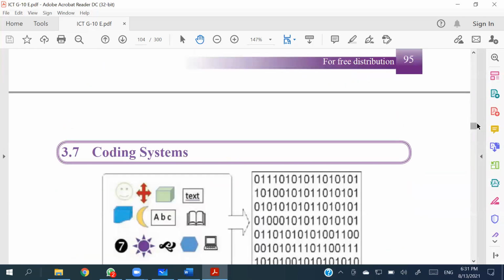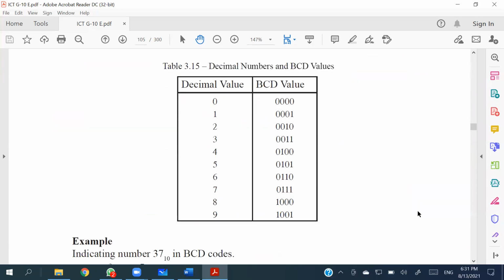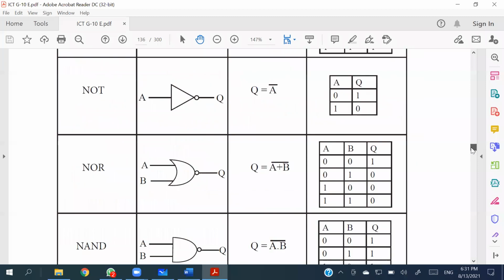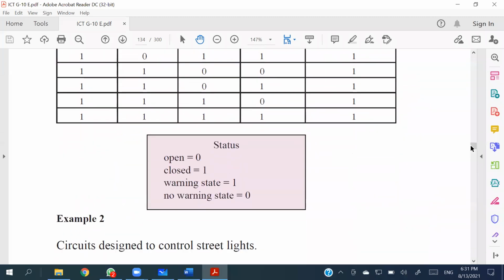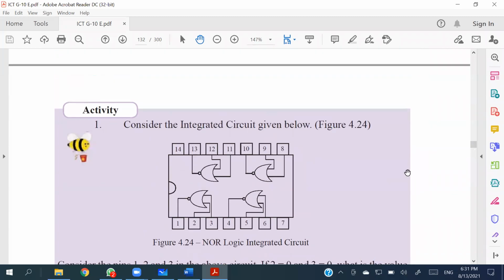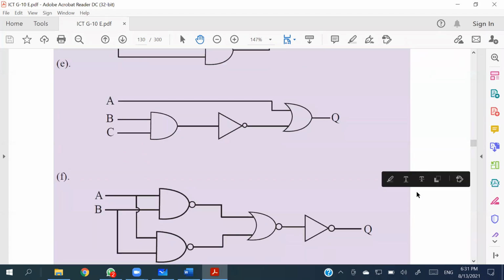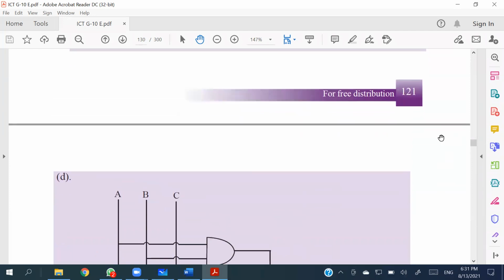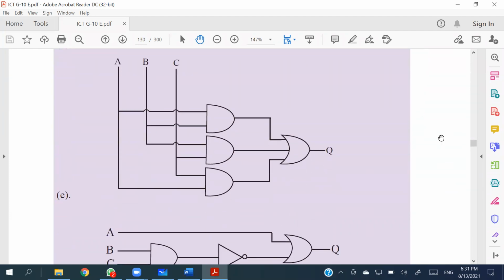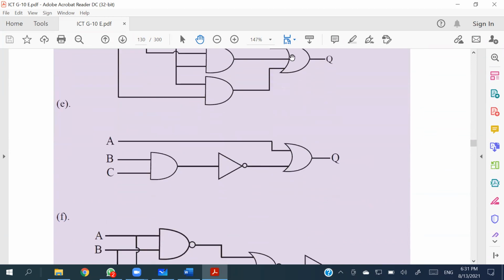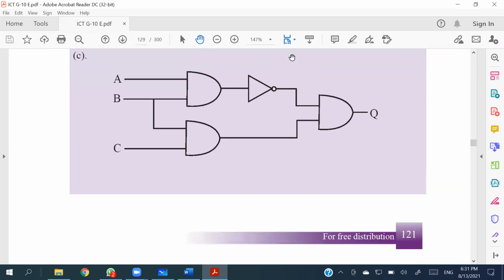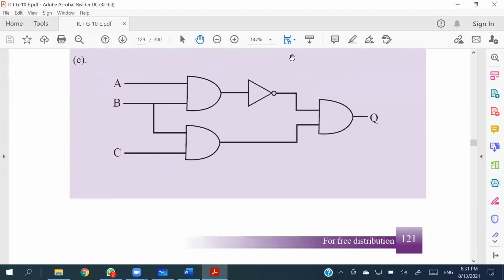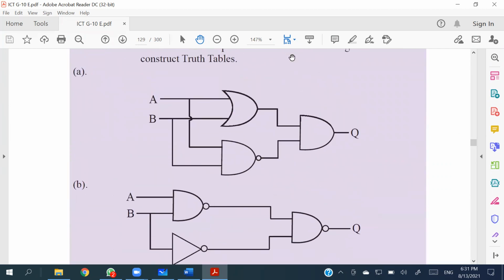So people who have done it, you can try the questions in page number 121, the A, B, and C parts.